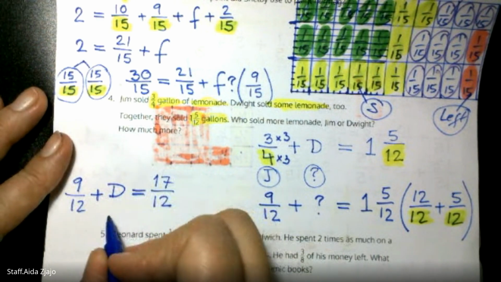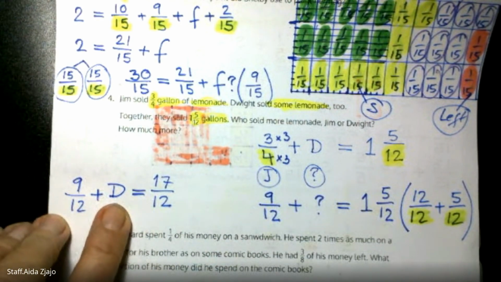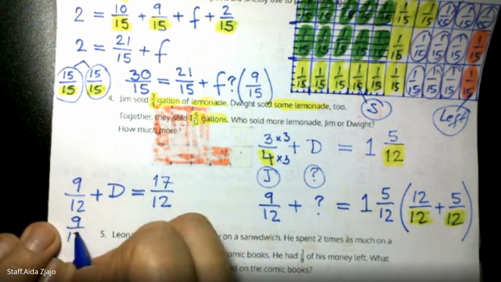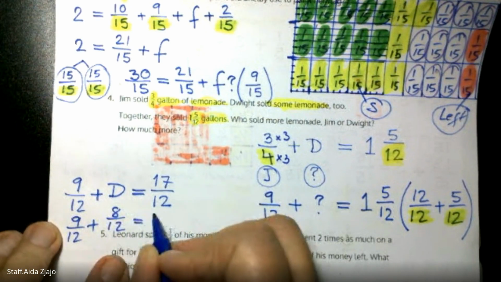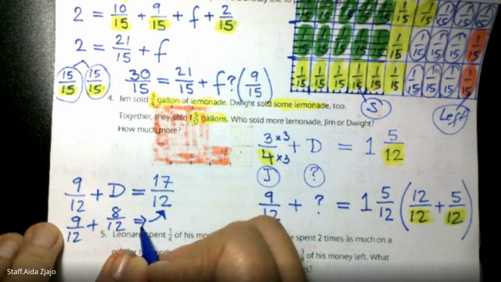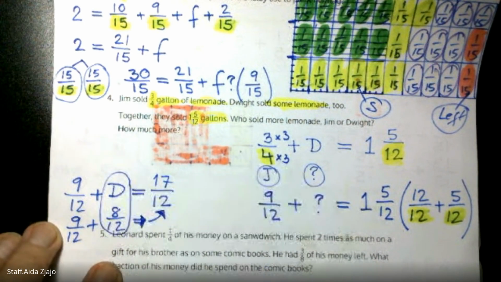So Dwight is 8/12, because 9/12 plus 8/12 equals 17/12. So we know that Dwight is 8/12.